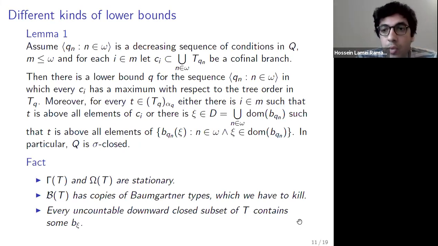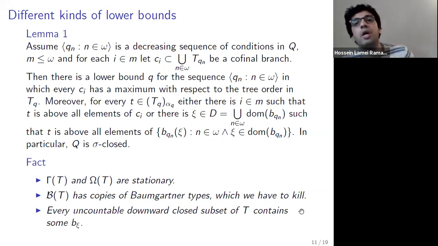This Lemma 1, the statement is pretty long. It is basically saying that this forcing is the forcing that we were talking about. Oh, and by the way, the forcing Q that I just mentioned is going to have the omega-2 chain condition if CH holds. That's just the same as the proof for the well-known forcing for creating a Kurepa tree. It's going to be sigma-closed as well, but we need more than just sigma-closedness.